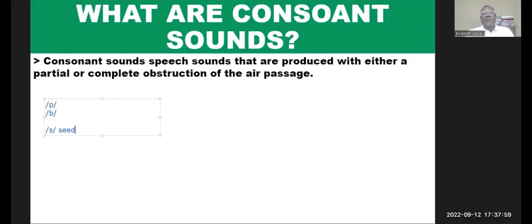So that is how a fricative sound is produced. We have seen that in producing P or B, we have a complete obstruction of the air passage, but in producing the sound of S, we have a partial obstruction of the air passage.